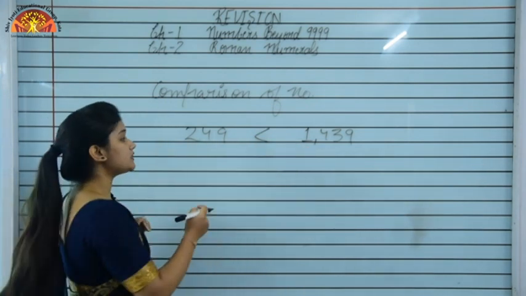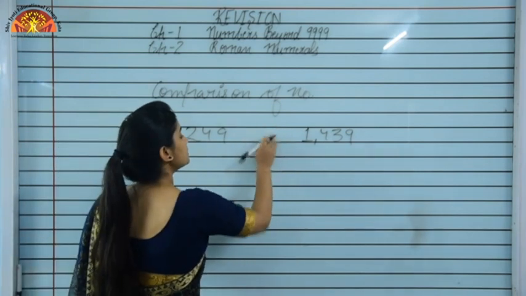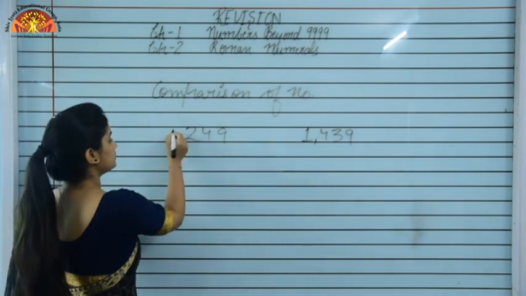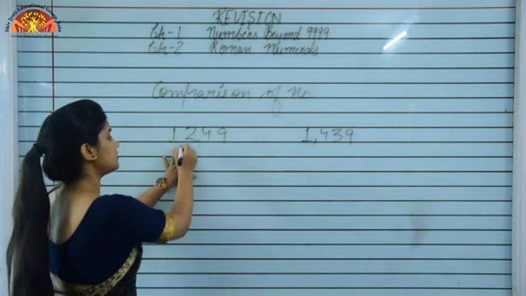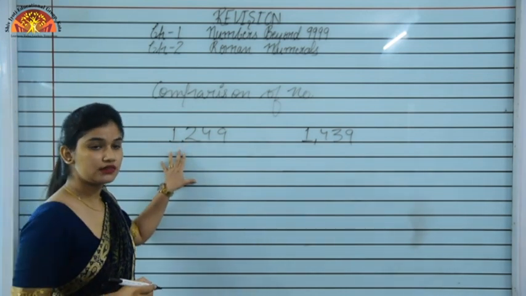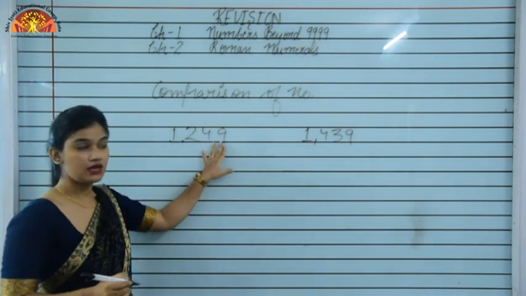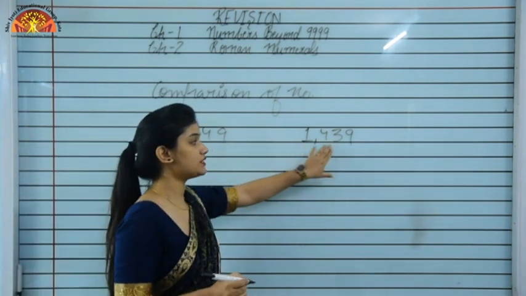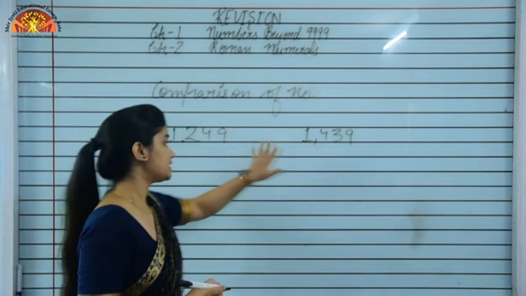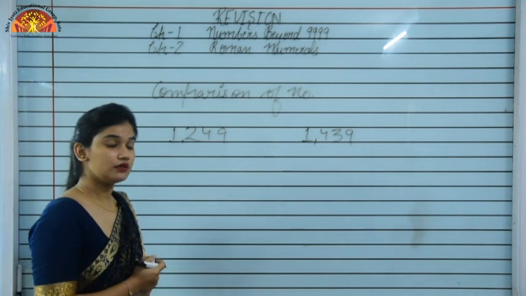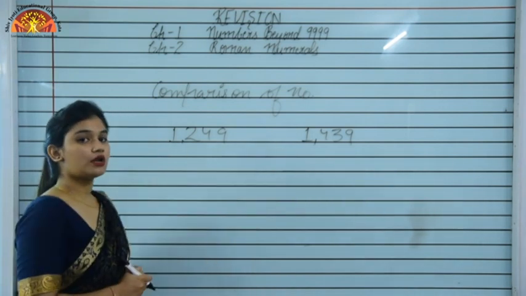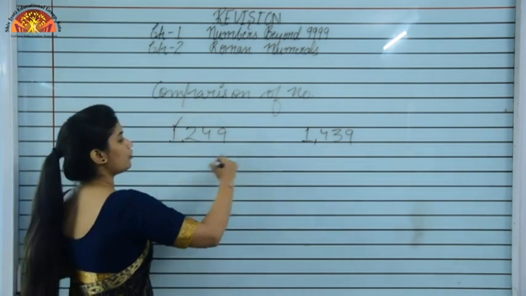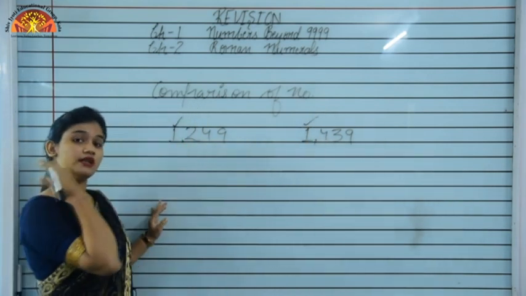Understood? But if we see the same number of digits, suppose the first number is 1249 and the next number is 1439. We see the same number of digits in both of the numbers. So now we have to compare from this side, it means from the left side.